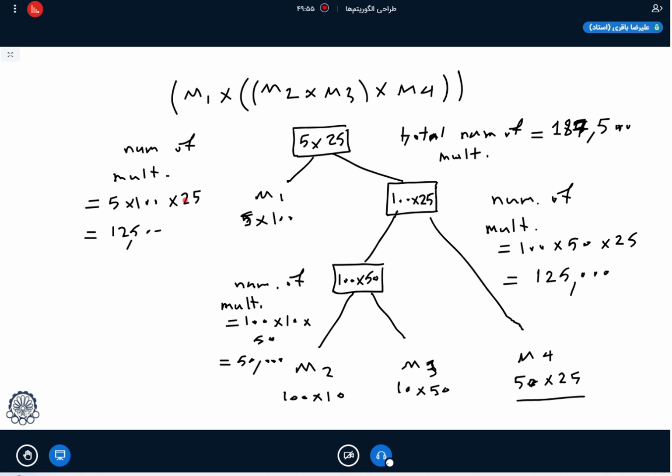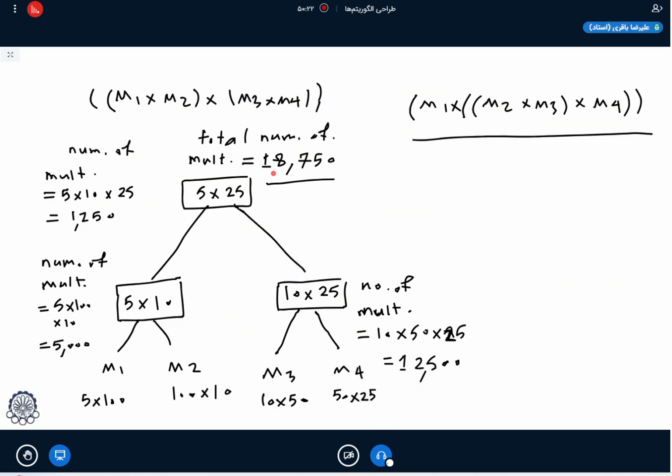So the total number of multiplications is the sum of these three, which is 187,500 multiplications.